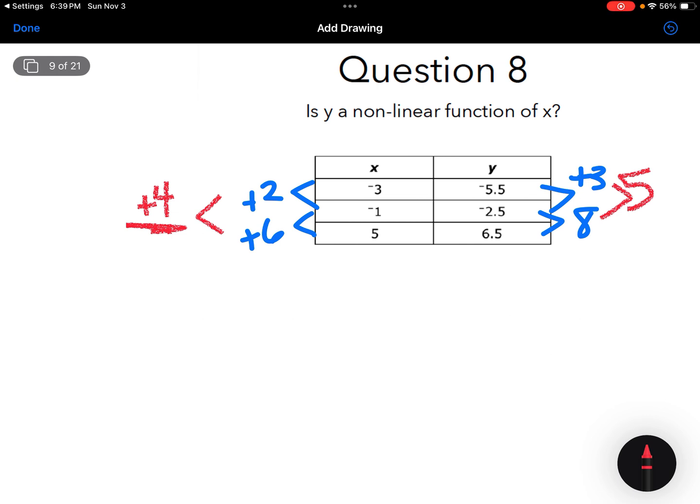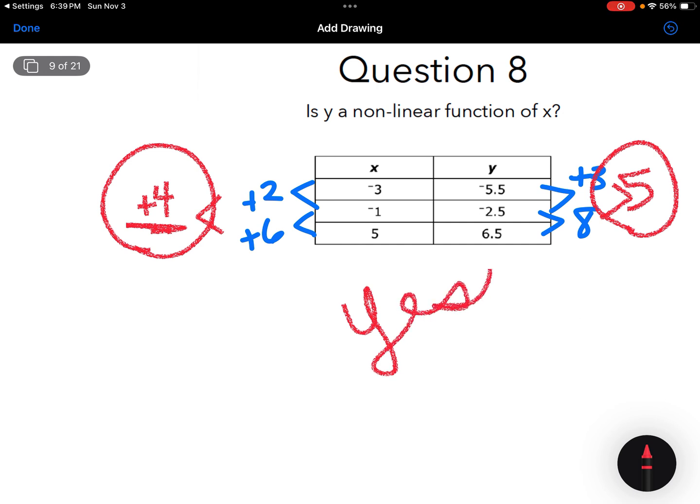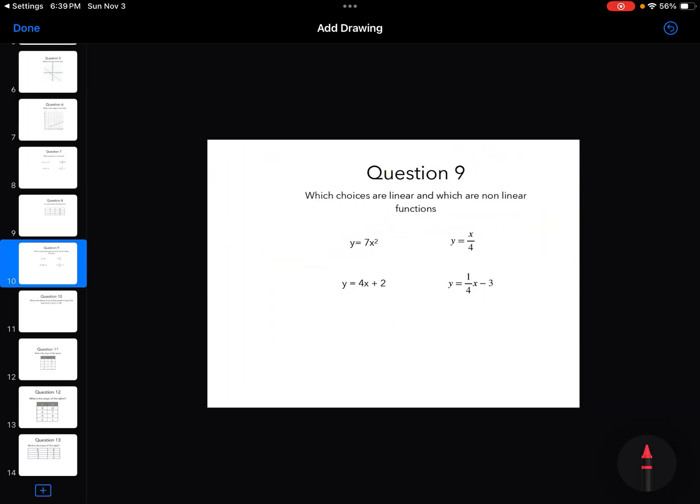So I went up by 4 over here, and I only went up by 5 over here. So is y a nonlinear function? Yes. It should be going up by the same amount.